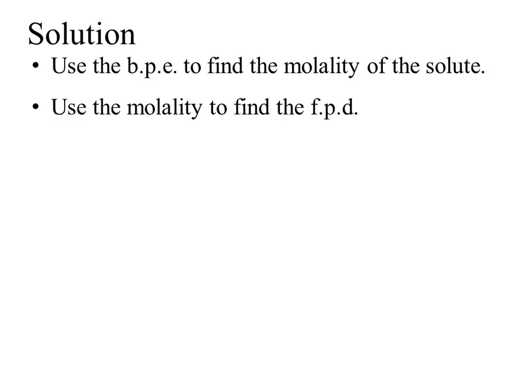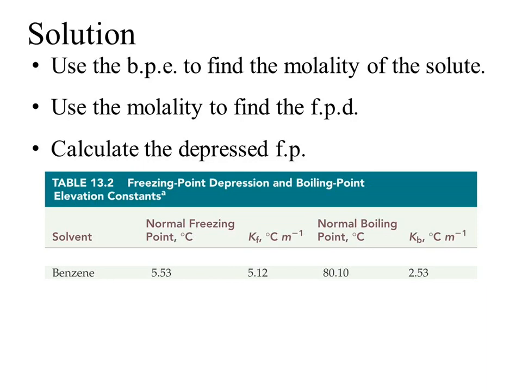Use the boiling point elevation to find the molality of the solute, which we don't care what it is. Then use that molality to come up with the freezing point depression. And then apply that delta TFP, that freezing point depression, to what it should usually freeze at. And this is the line that we got the information on the previous slide from.